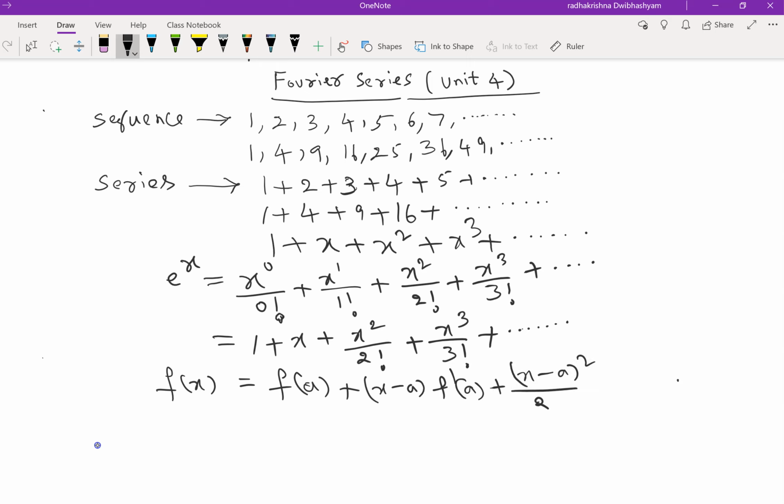This is the general formula of Taylor series. Using this, we can expand any given function in the form of x terms.